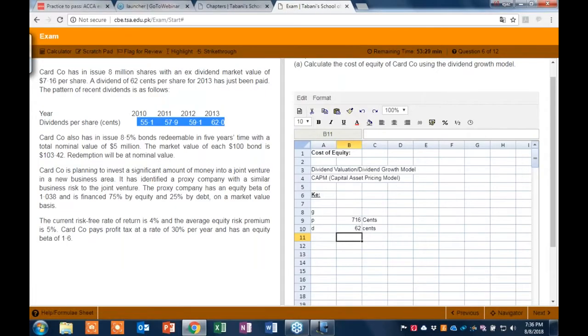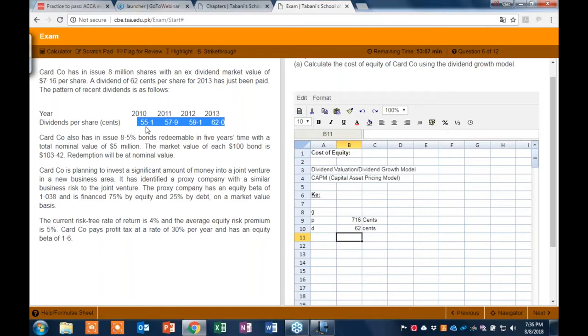According to the question, the dividend per share has grown from 55.1 to 62 cents in 2013. Definitely the growth achieved every year will be different, but we can't use those different growth rates. So we have to take a constant growth rate.